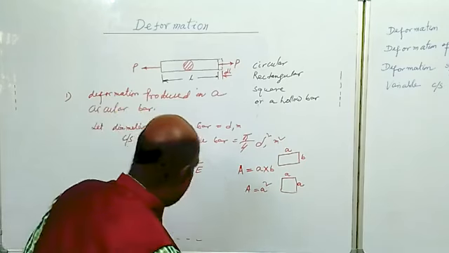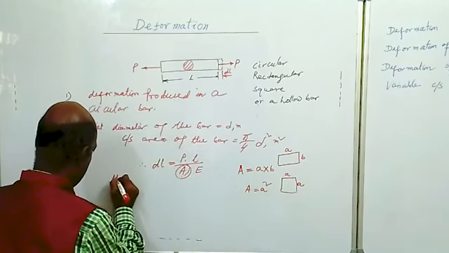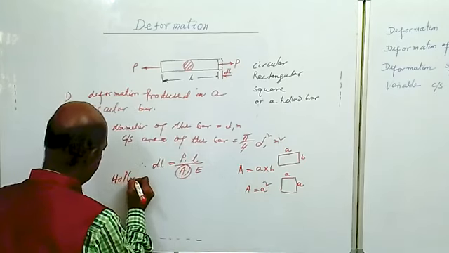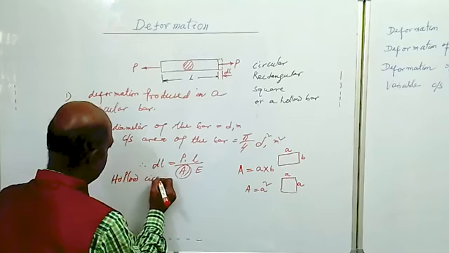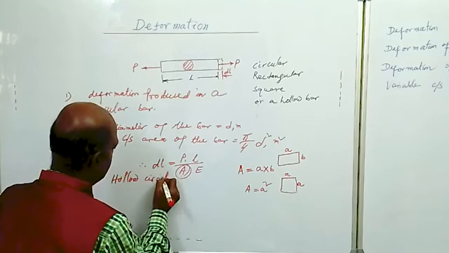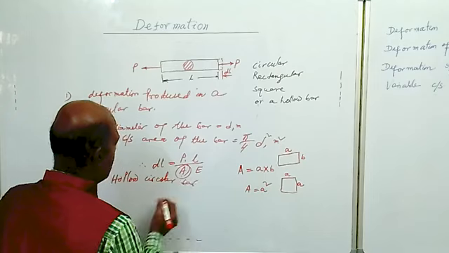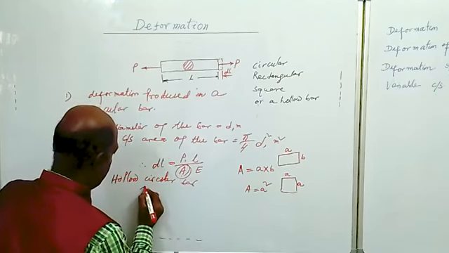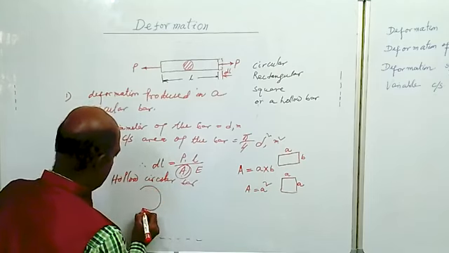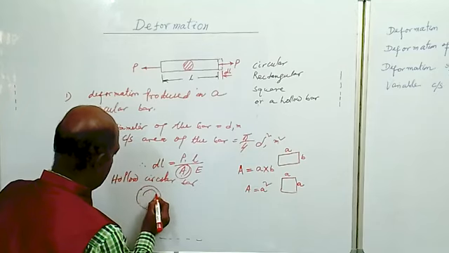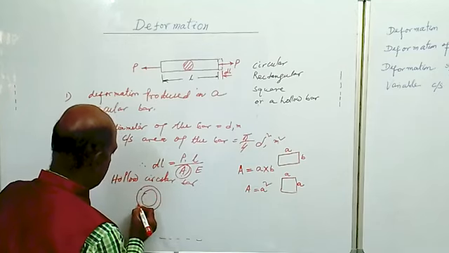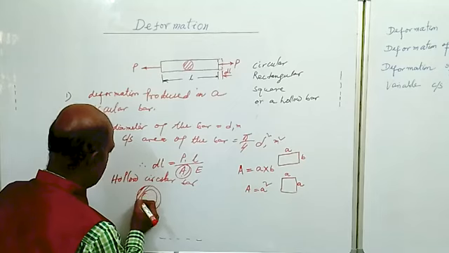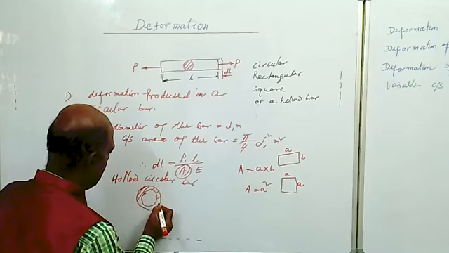Similarly, if it is a hollow circular bar, we can give the cross sectional area which is taking the load.